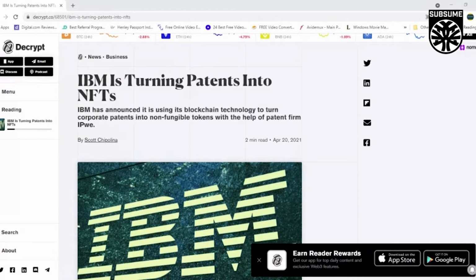It's a way to actually exchange, whether it's a piece of art or, in this case, a patent, in a trustless environment. It is a way to record, and a way to charge if you want to for something, using the record of the blockchain, the transfer from one person to another.